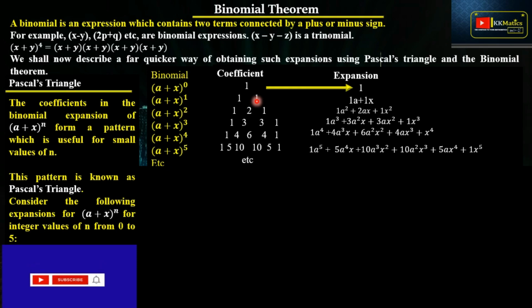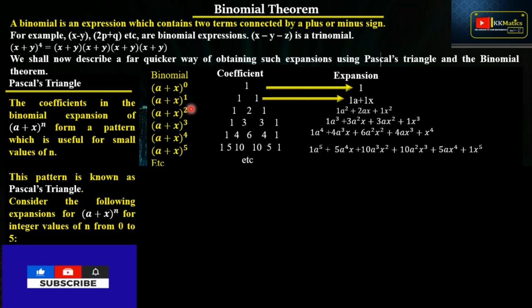However, this particular case is a different case, because any number or variable raised to the power 0 gives us 1, and so that is an exception. But when you consider this, the coefficients are 1, 1, and our expression will be 1a plus 1x.